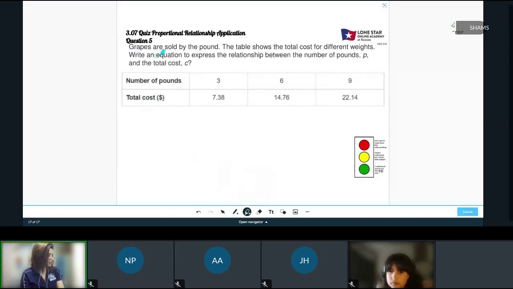Write an equation to express the relationship. To write an equation, you want to first find for 1 pound. What is the cost? Okay. Everybody find the cost of 1 pound. When you know the cost of 3 pounds is $7.38. So $7.38 divided by 3.